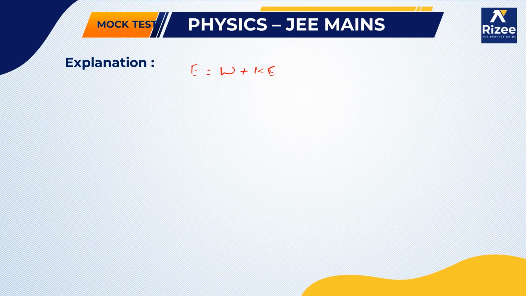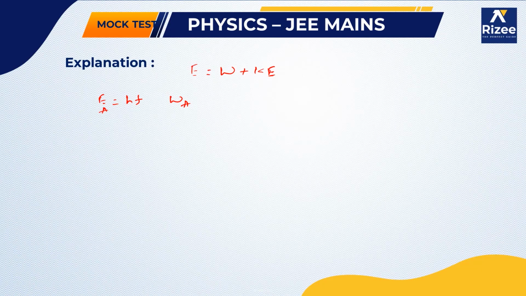Here I am writing the work function as W and the incident energy as E. The incident energy can be written as h into f, which is falling on metal A, and the work function of A.